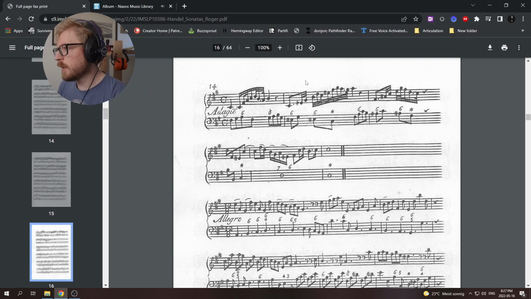So you could argue, of course, that because it's so decorated here, why not decorate this area here? But it's also purposefully written out at a slower value in general, and so you might take it as a signal that this is how you should play it.